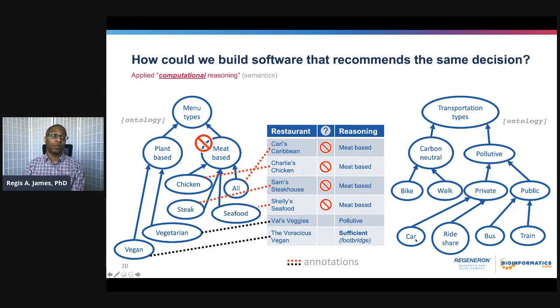Private being a personal car or a ride share. And ironically, what we just heard in the background, the train that goes down to Grand Central Station, for example, is public transportation, but it's not carbon neutral, and neither is a bus. And then also we have carbon neutral options, biking or walking. Now, we mentioned before that Val's veggies requires Kai to go very far.